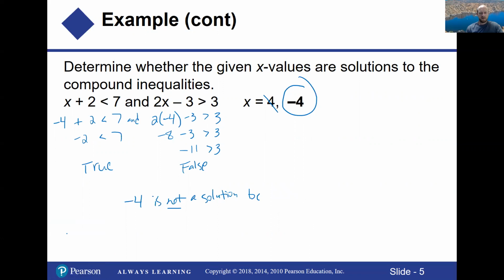In this case, just one of them. So that's how we check whether numbers are in fact solutions to compound inequalities.